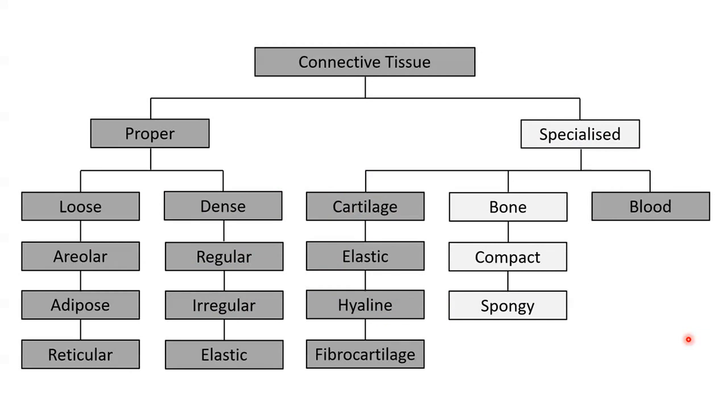Our next type of specialised connective tissue is bone. And I'm not going to go into too much detail about bone because the skeletal system and bone tissue will be the focus of the next series of modules and recordings. However, bone has two subtypes: compact bone and spongy bone.